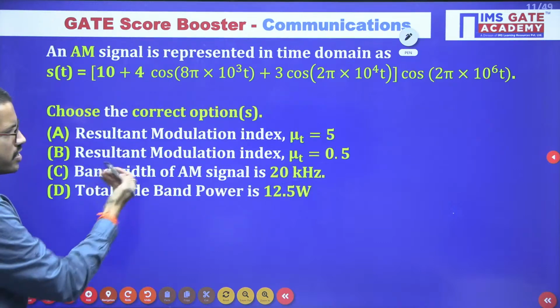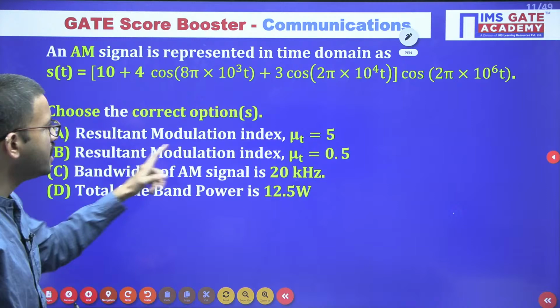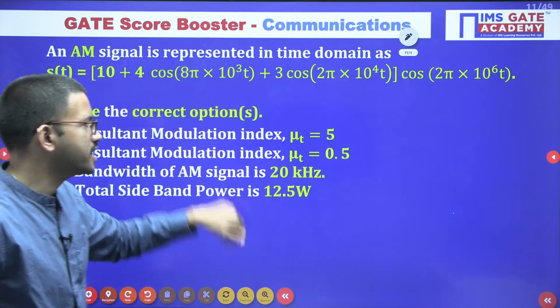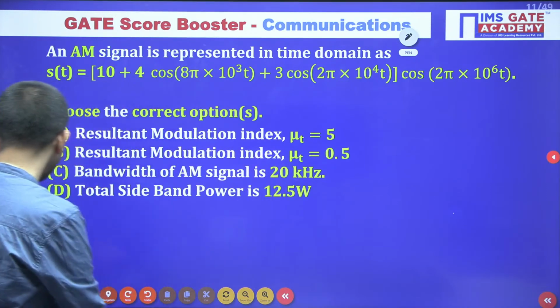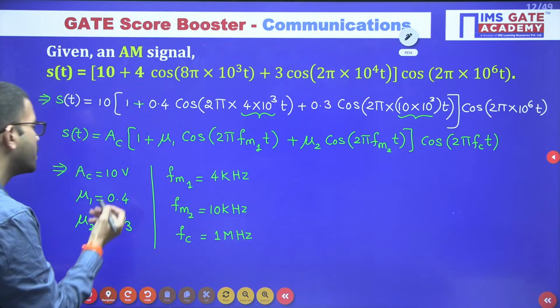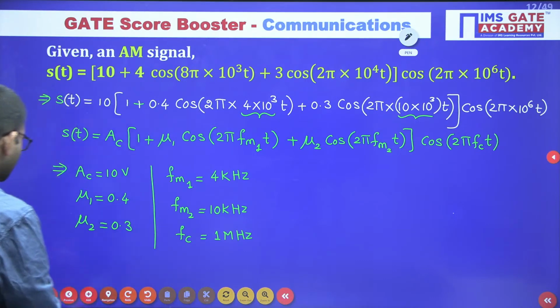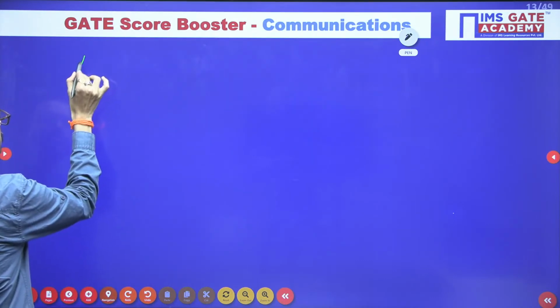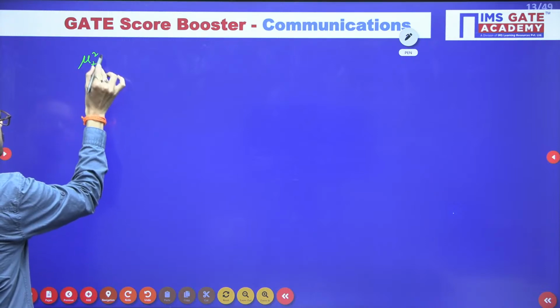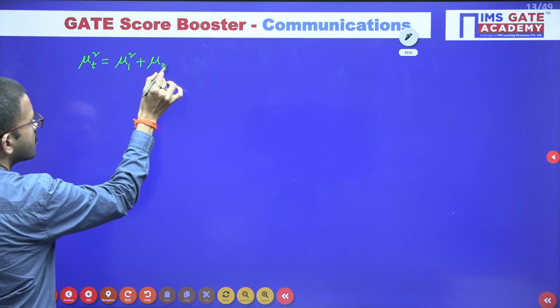Now whatever choices you have here, let us find out one by one. Option A, option B, regarding the resultant modulation index, mu t. I hope all of you know the formula for how to find the resultant modulation index whenever multiple modulation indices like mu1, mu2 are there. Mu t square is equal to mu1 square plus mu2 square.